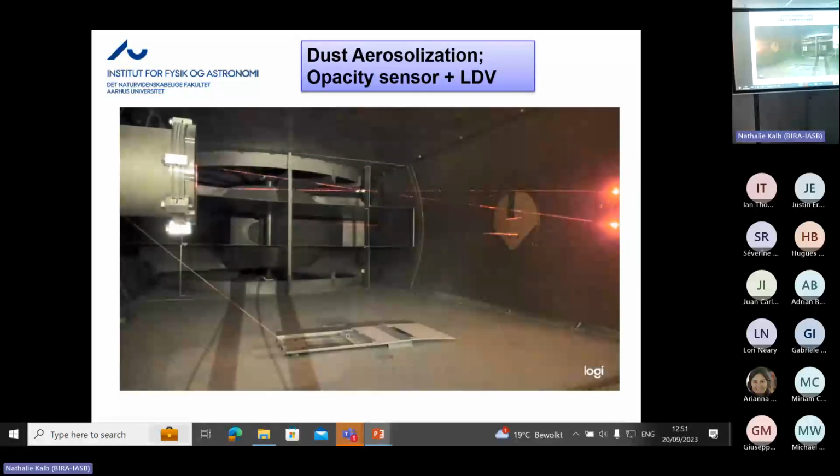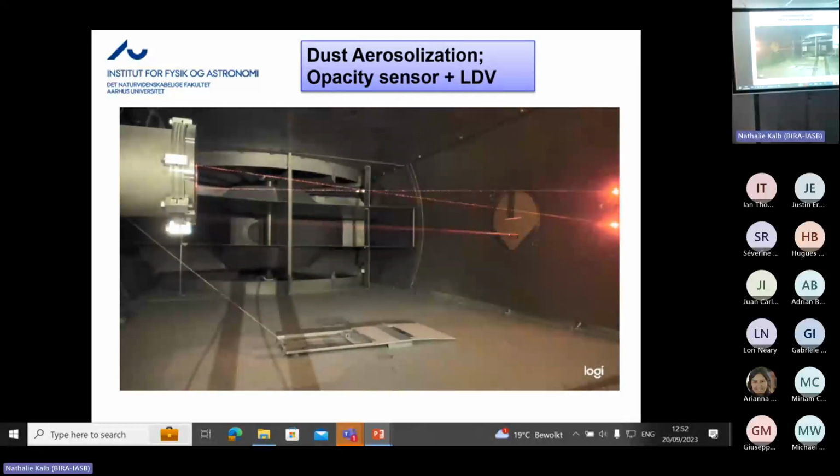So this is looking at this downwind section where we have our detectors. I just wanted to show you. This sensor is what I call an opacity sensor. I just shoot a laser sheet through the wind tunnel from the outside and then have a detector on the outside on the other side and measure how much light gets through. Very simple. This is the laser Doppler velocimeter.